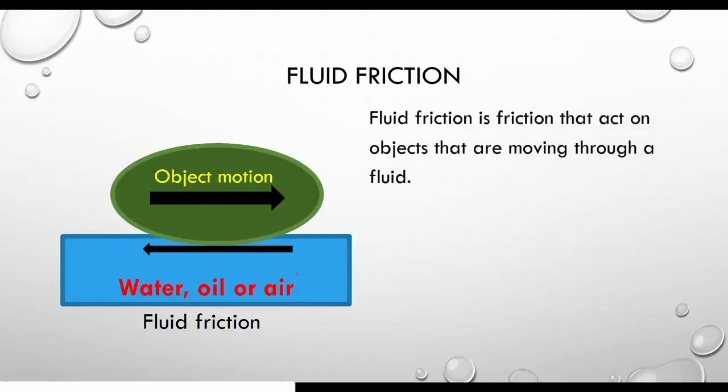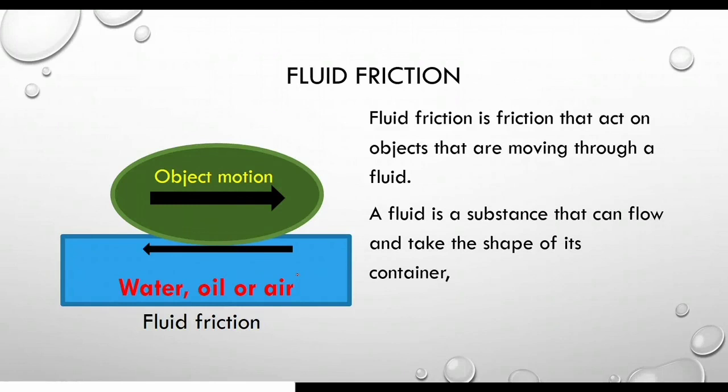So fluid friction is friction that acts on objects that are moving through a fluid. And a fluid is a substance that can flow and take the shape of its container.